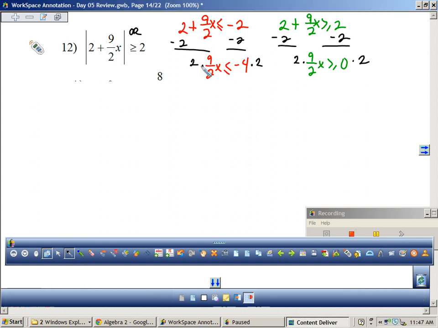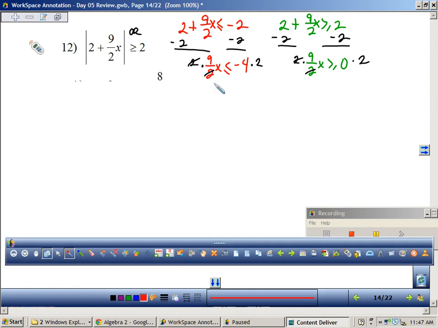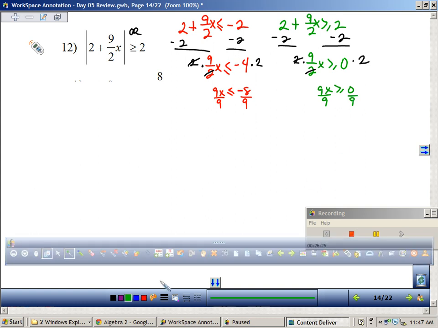Okay. So when I multiply by 2, the fraction goes away. And I'm left with 9x is less than or equal to negative 8. 9x is greater than or equal to 0. Divide by 9. Divide by 9. What do I get?